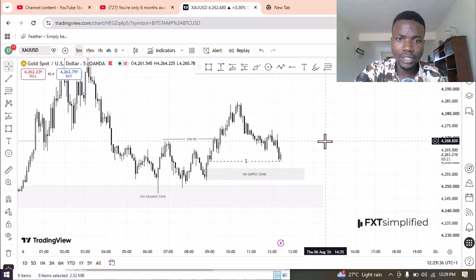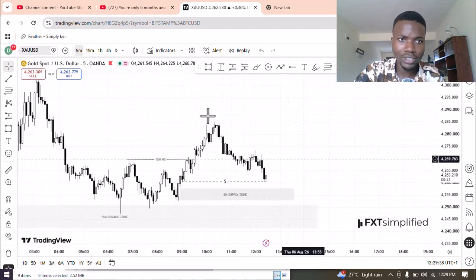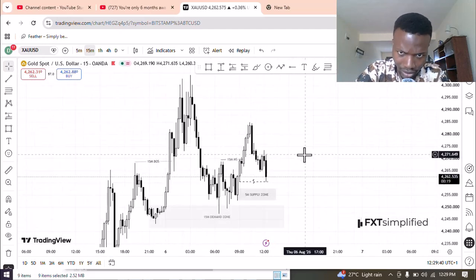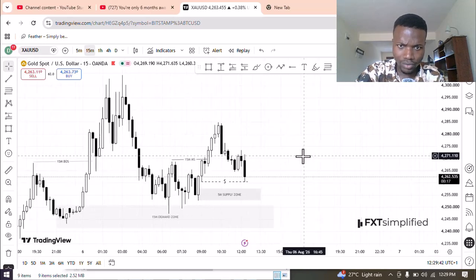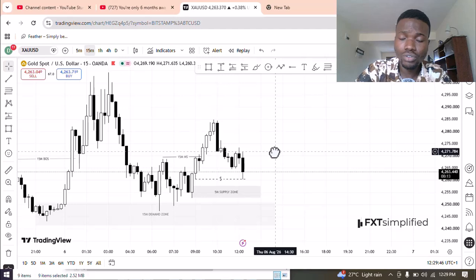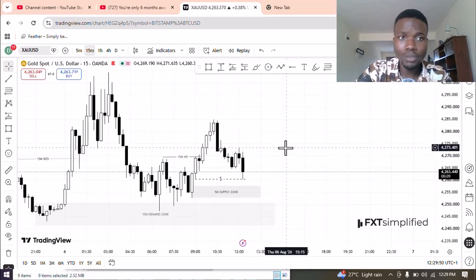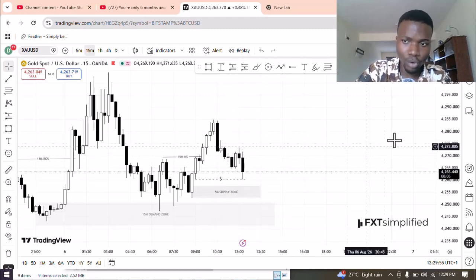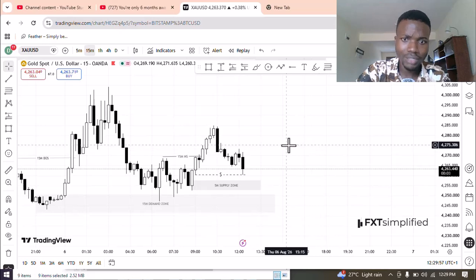I'm going to be expecting, so let me go back to 15 minutes. Right now, by 1 o'clock to 2 o'clock in the afternoon, I'm going to be coming back here to see how price is reacting at this zone. But my trade idea still remains.